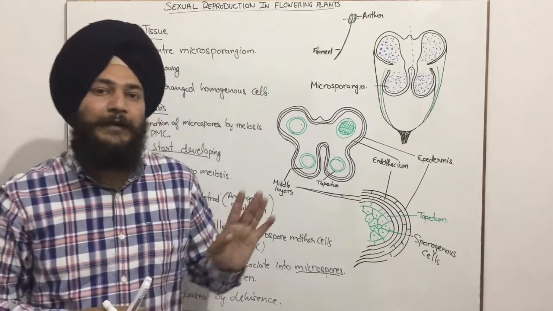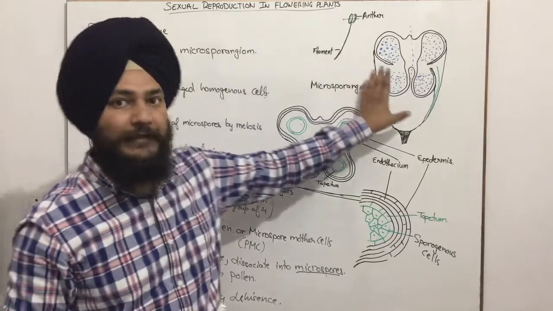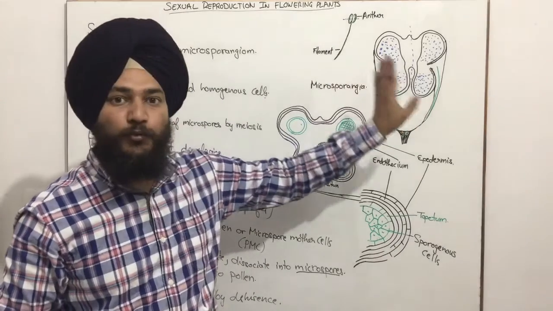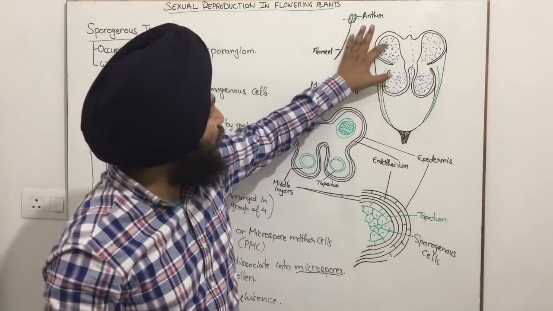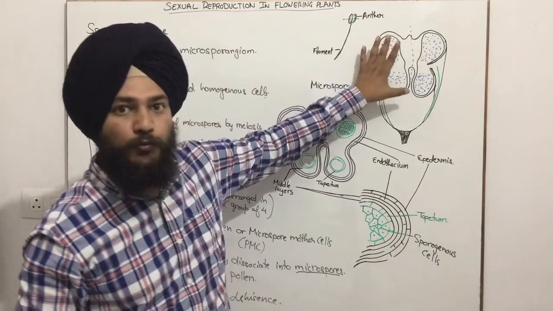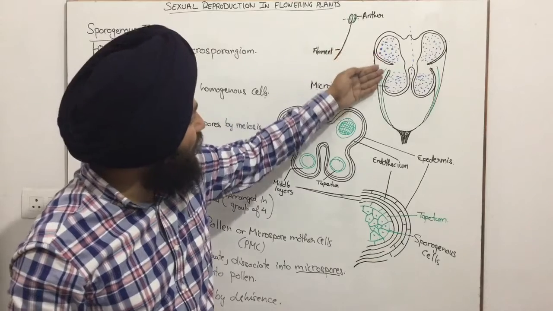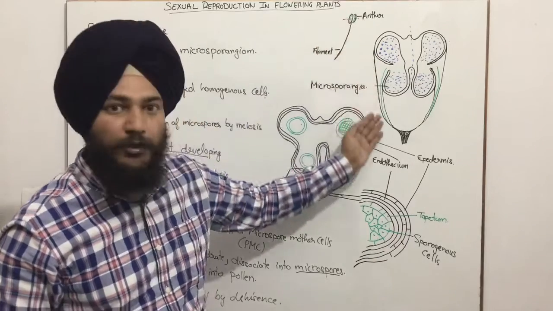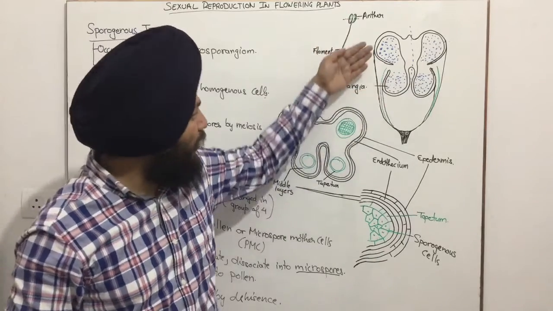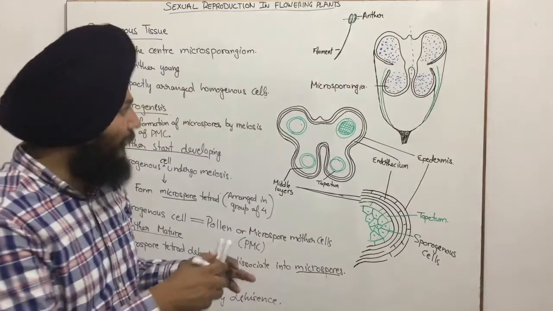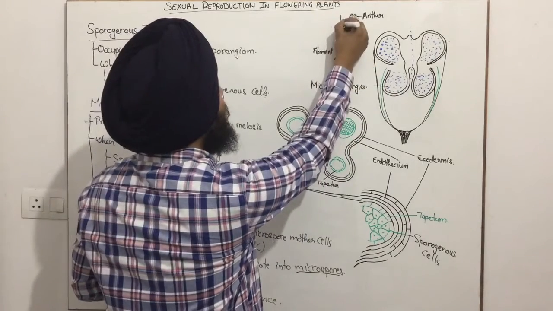If you remember, we did that the anther has 2 lobes, and in each lobe there are 2 compartments, the 2 theca, and in the center of these theca there is a longitudinal groove, a longitudinal depression that runs all along the length of the anther.